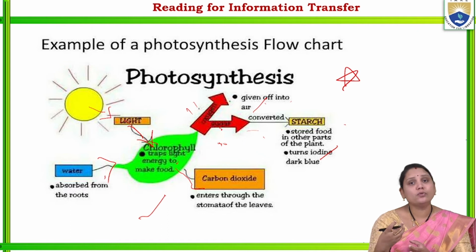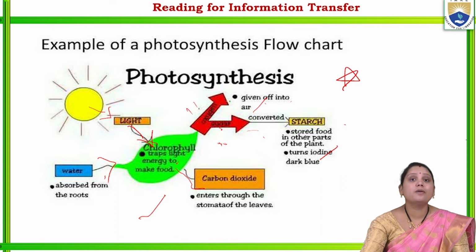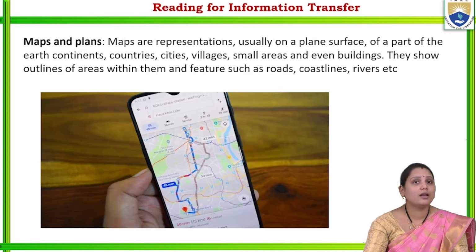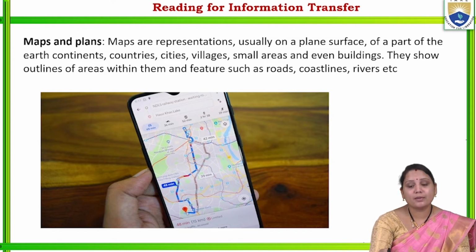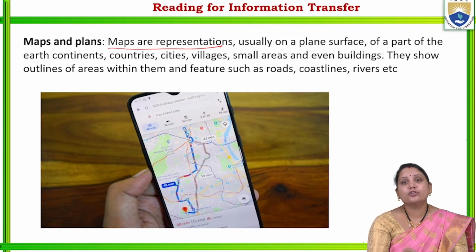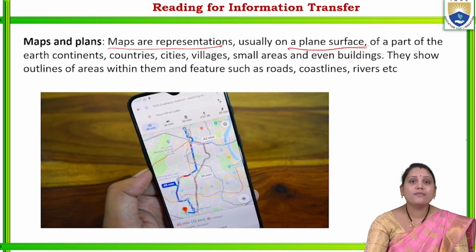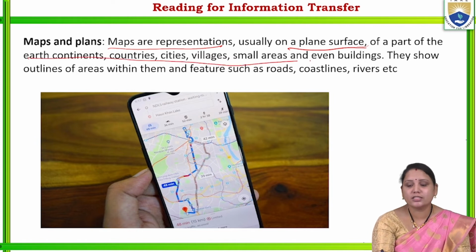So, wise use of flow charts will surely make your language delivery effective and your presentations more beautiful. Now come maps and plans. How are you going to use maps and plans? Maps are representations, usually on a plain surface, of a part of the earth: continents, countries, cities, or even outlines of areas.